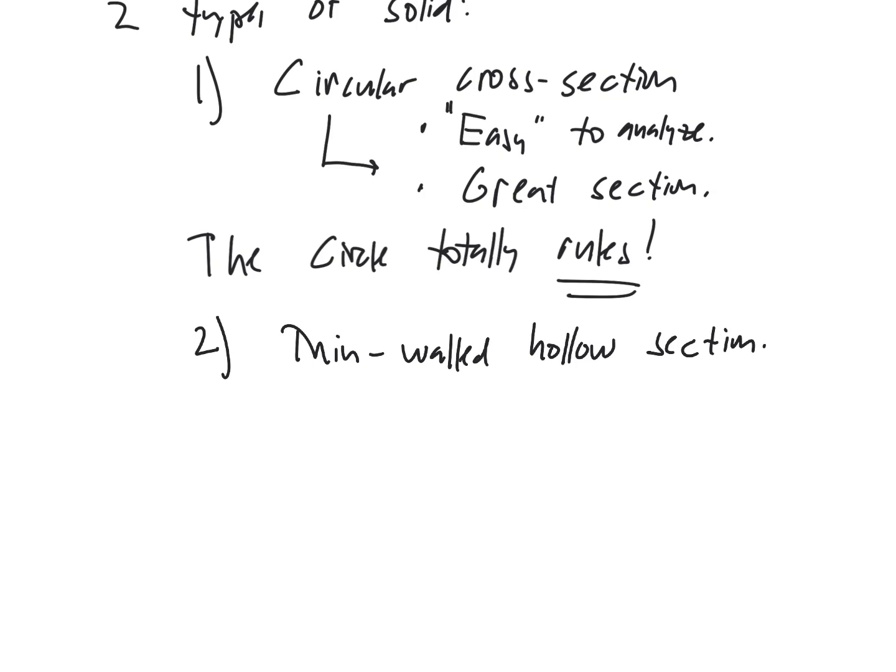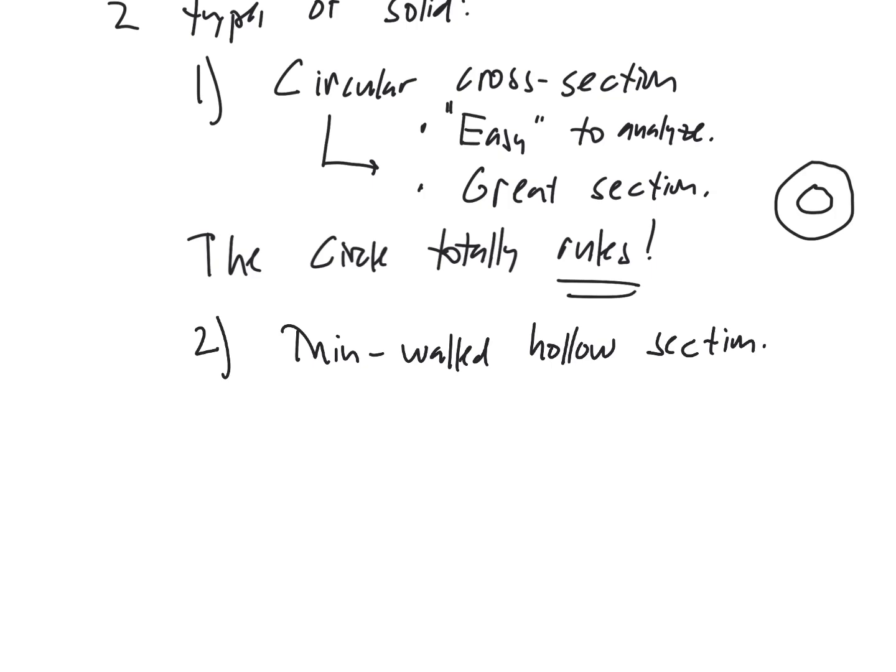And the thin-walled hollow section, so here maybe we should put on the circle, it looks something like this. And I can draw it like that, because that little mnemonic is going to represent three things. That can either be the hollow circle, it could certainly be a solid circle, and then it can be a composite circle. So we could have a core-shell type of solid and so on, but it's got basically a circular shape.